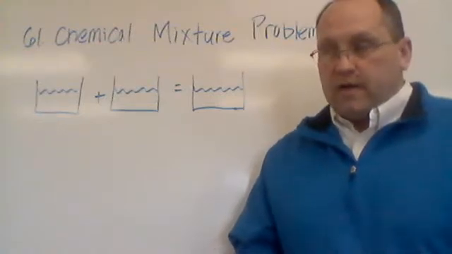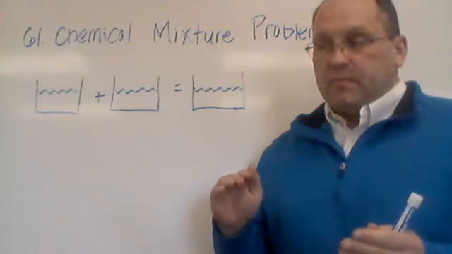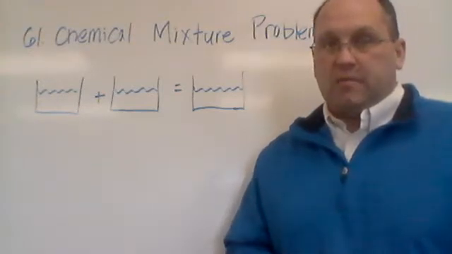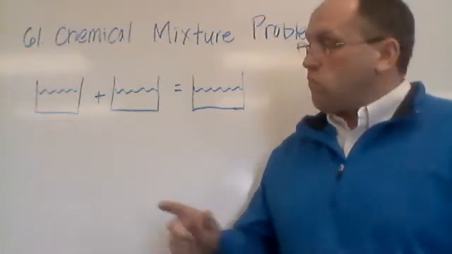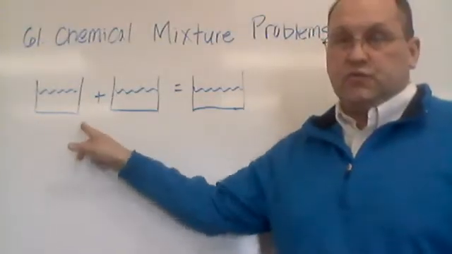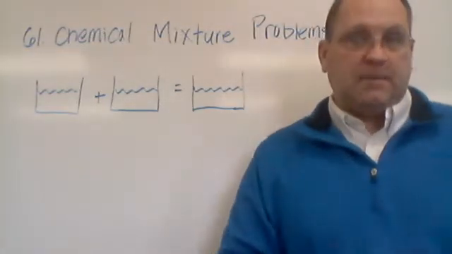Okay, so the basic premise or the approach to this problem is to remember, they're going to give you two chemicals that are going to be added together. And there's two things to keep in mind.